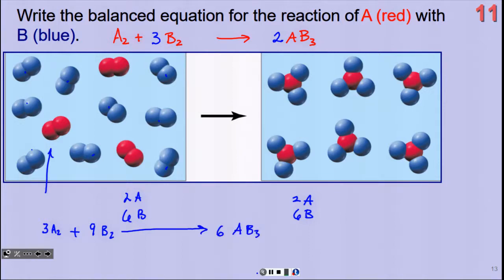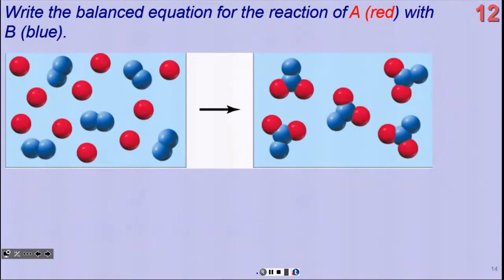You could have started there and then simplified it, but we didn't have to do that if we just started from the formulas and add them up to make sure that parts come out left and right. All right, that wasn't too tricky. But it's worth talking about how more than one representation can be correct, but we're always aiming for the simplest whole number ratios.